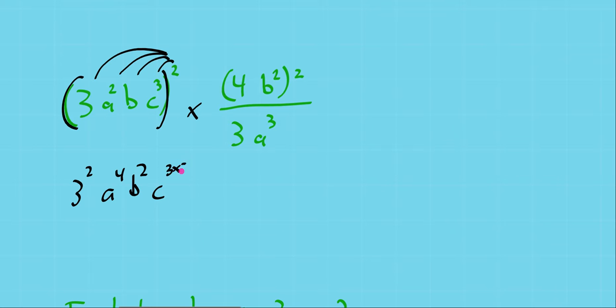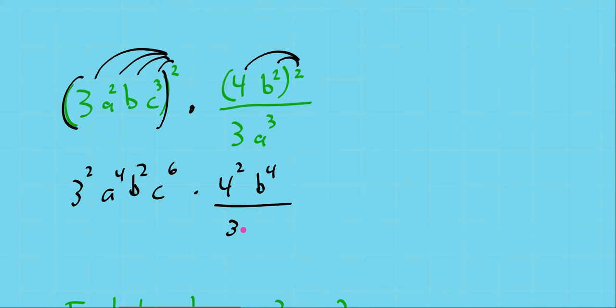And c to the 3 times 2, which is 6. And we're multiplying by, x is the wrong symbol today, we're multiplying by (4b squared) squared. That 2, again, is going to get distributed to everything on the inside. That's 4 squared, and b to the 2 times 2, which is the same as b to the 4th power.